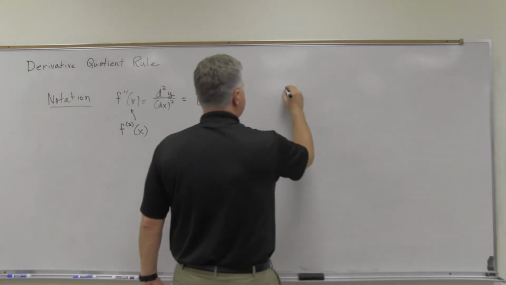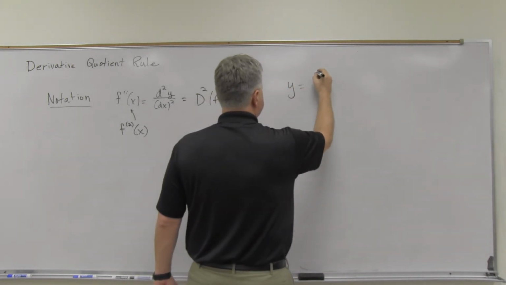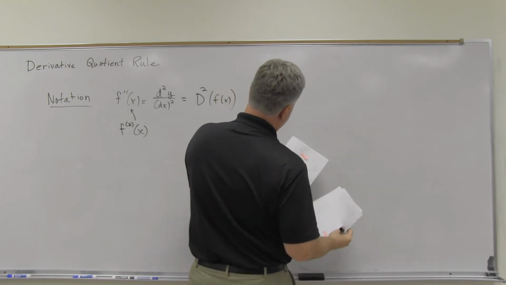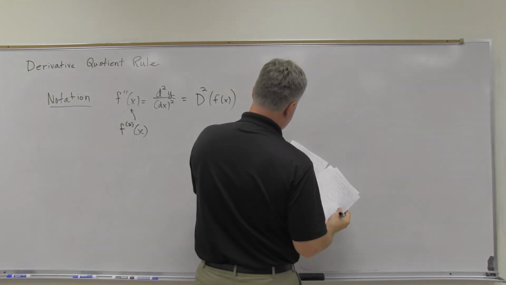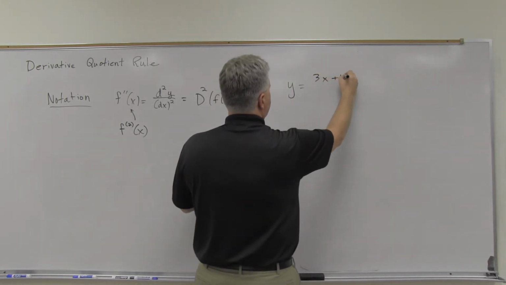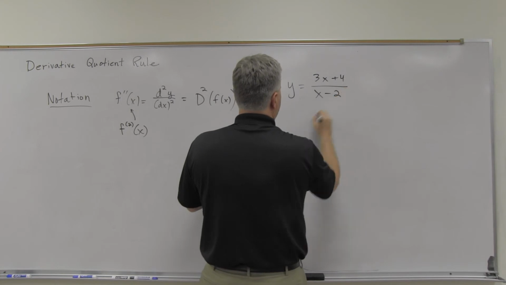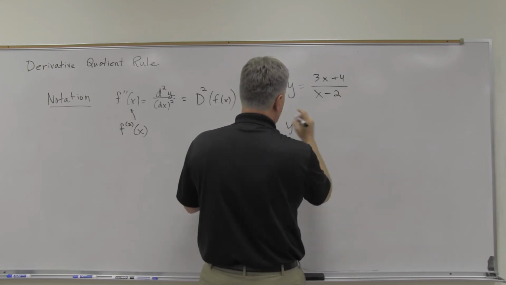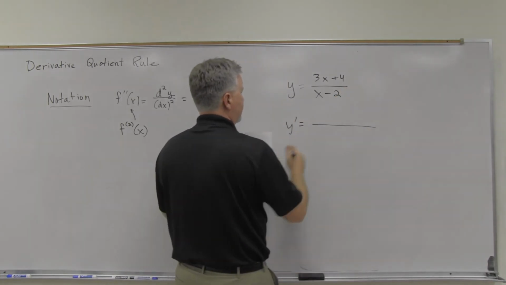All right, but the one I was going to show you, y equals, what was it, 3x plus 4 over x minus 2. So the first derivative, go through it real quick again here.